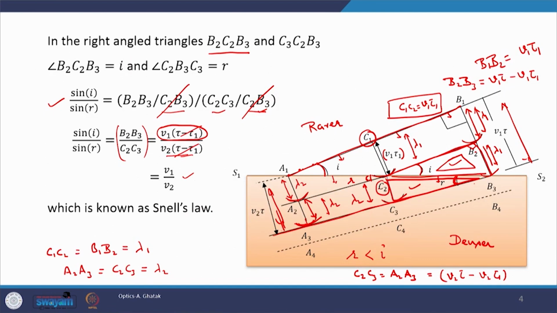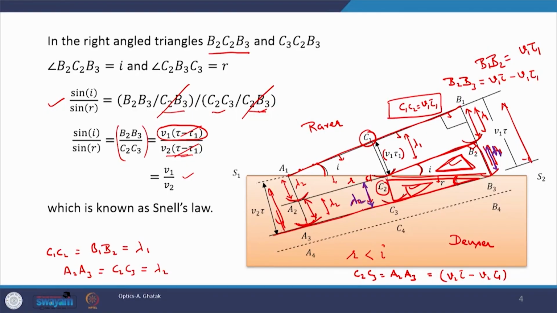in these two triangles. Using the geometry, if this distance is lambda 2 and this distance is lambda 1, with the assumption that all these wavefronts are separated by the respective wavelength, or we can say that all these wavefronts represent consecutive crests, then C2C3 would be equal to lambda 2, while B2B3 would be equal to lambda 1.